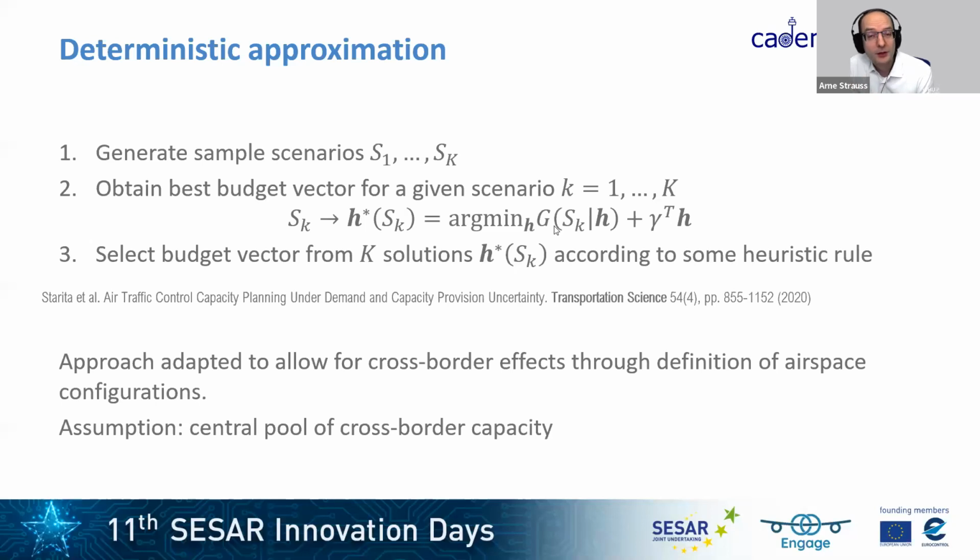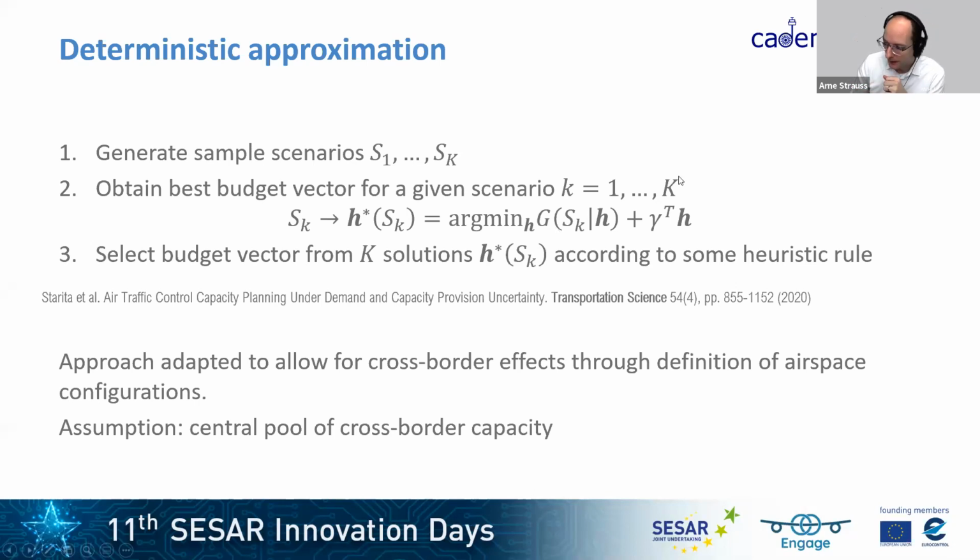So we took this approach and adapted it to handle this cross-border capacity provision. And effectively, it's actually very simple because we can simply take that approach as it is and redefine what a configuration means. So I show that in the next slide.